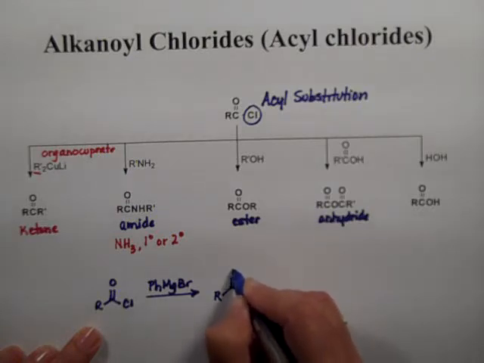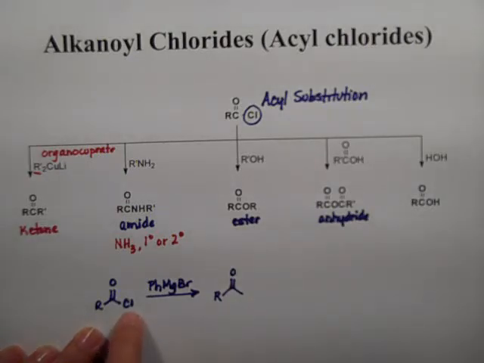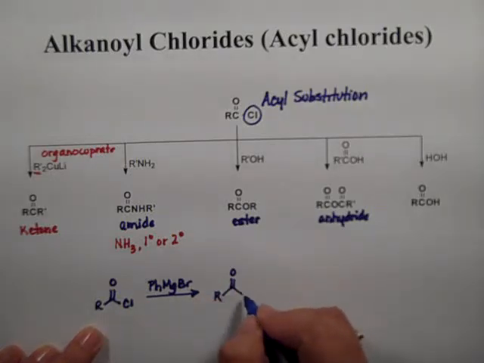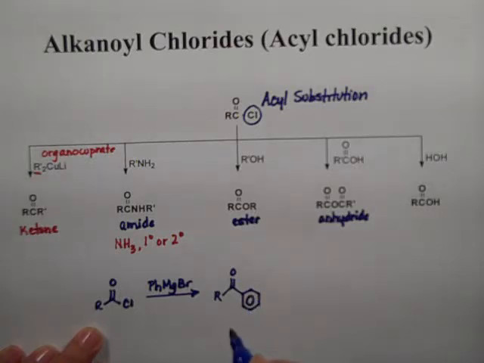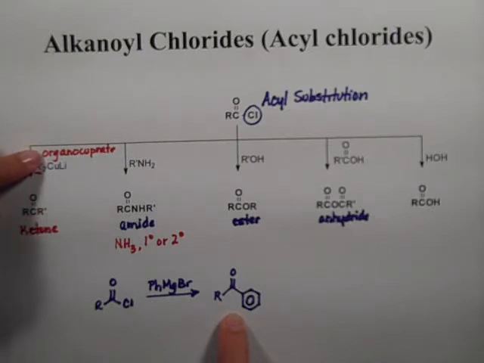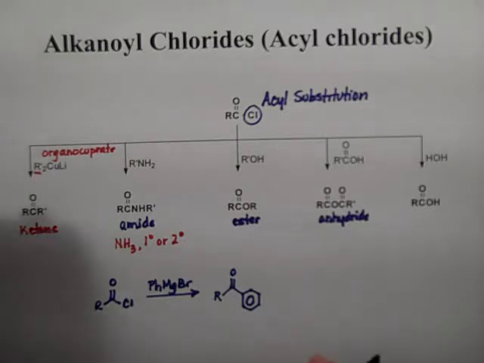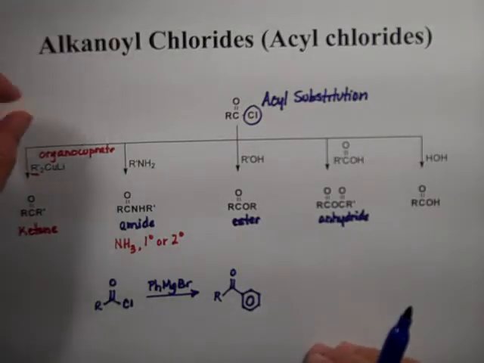You would go through the tetrahedral intermediate, but the chloride is an excellent leaving group, so it will leave when you reform the carbonyl. That way, in one step, you can go from an acyl halide to a ketone. So you can use the organocuprates, or you can use Grignards for that reaction. It's a very important reaction, and I expect you to know it and remember it.